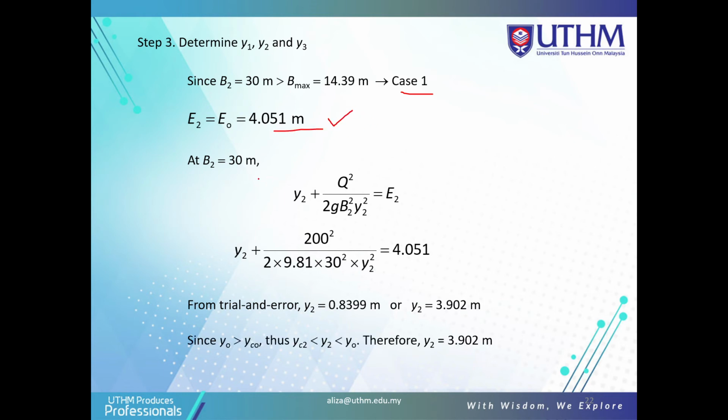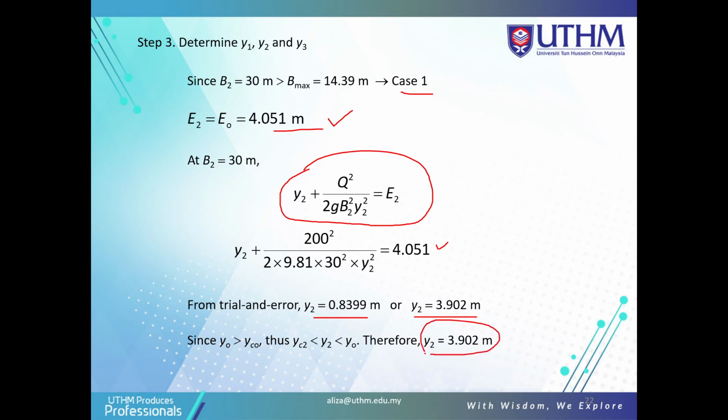We calculate using the specific energy, based on the Y2 using this E2, and you use the trial and error method to get these two values. Since Y naught is more than YC naught and YC2 is less than Y2 and less than Y naught, the Y2 is this one.